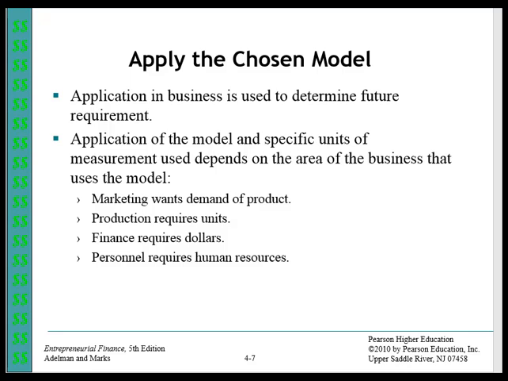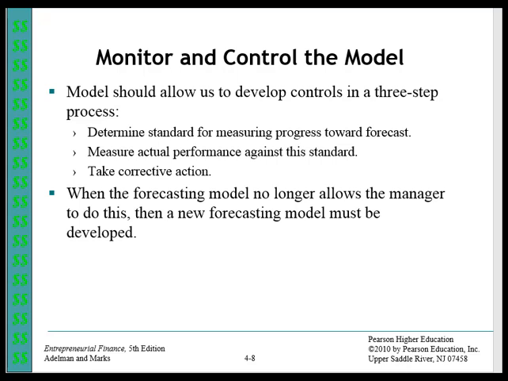Personnel is going to need information about the human resources that will be needed in the future. So all of these models are going to have different kinds of units, and it's all based on the type of business and the types of questions we're asking. And of course, in the end, we just have to monitor this. We have to have some process to measure how we're doing.